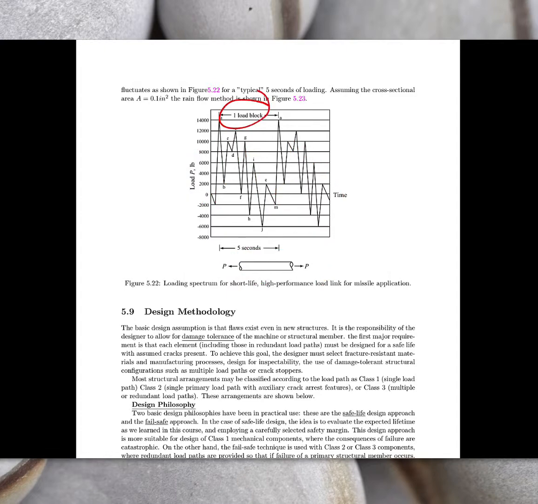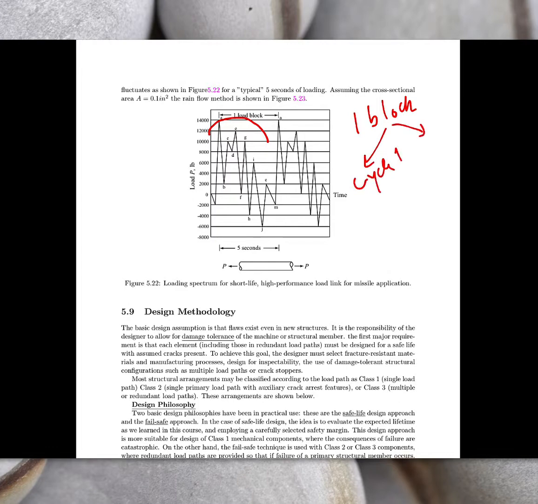So the first load block is here, and this repeats itself every firing of this howitzer gun. You go through these blocks, and your job is to be able to convert all of these ups and downs to within one block.